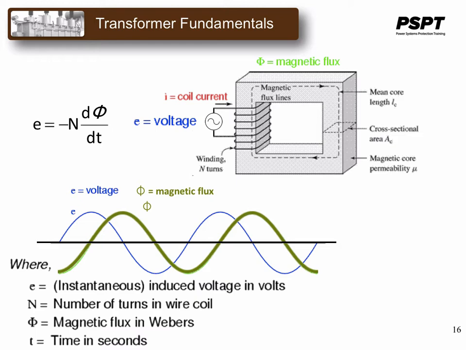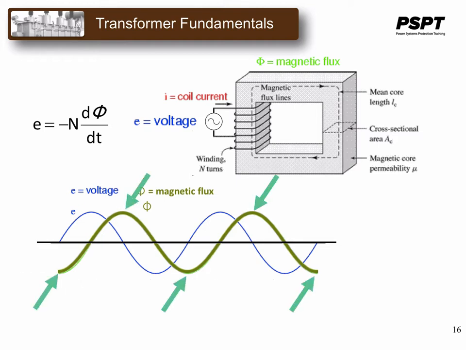So if we start to examine these two wave shapes, what this says is when the flux change is 0, which is at the maximum and the minimum of the waveform for the magnetic flux, the magnetic flux is changing at a 0 rate at these points. And if it's changing at a 0 rate, then the voltage must be 0 at that point.